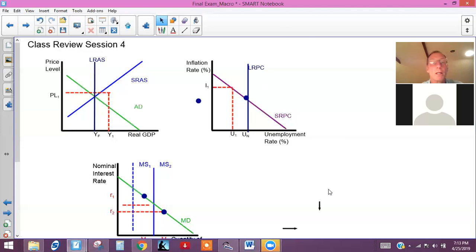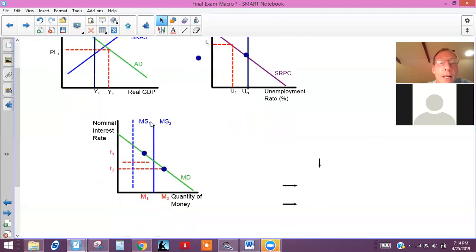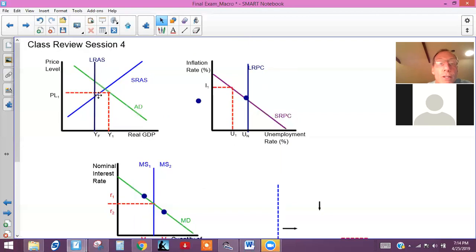Okay, so let's say that we're in this situation where we have an inflationary gap. And you're going to want to think about what kind of monetary policy would close this gap.